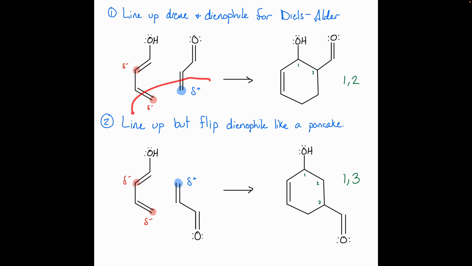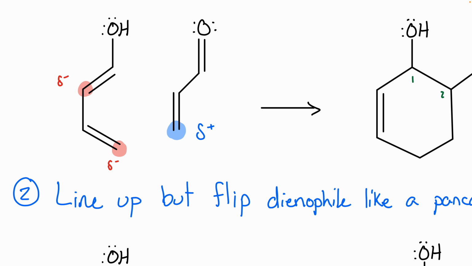Do positive charges want to be next to negative charges, or do they want to be far away? No, they want to be close. They're opposites. They attract, right? Not only that, but let's remember what's going to happen in this reaction is our electrons are going to move in a circle. Well, if this carbon right here has a relative lack of electron density, that means it's going to want to accept that pair of electrons even more, right?